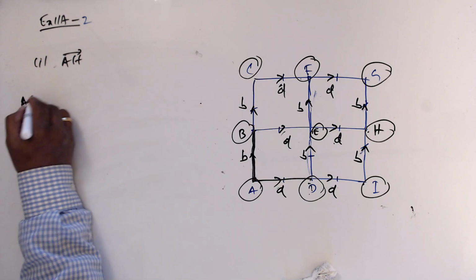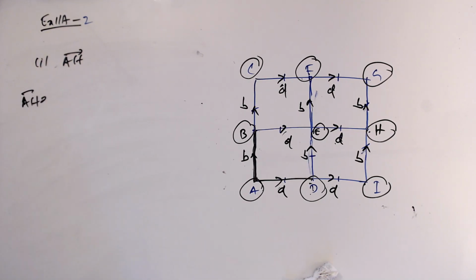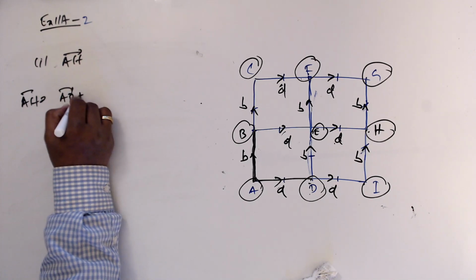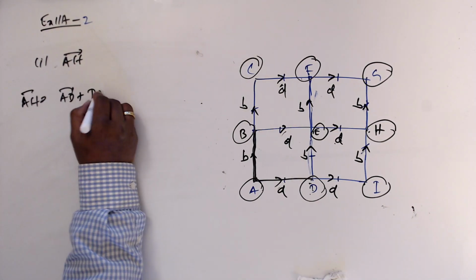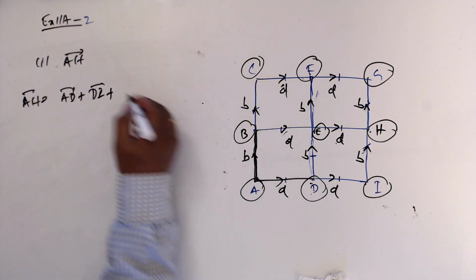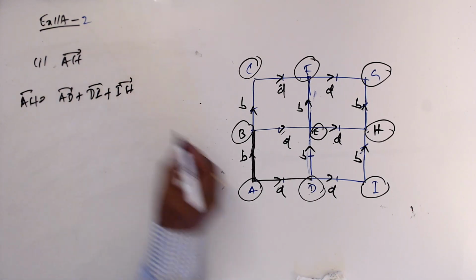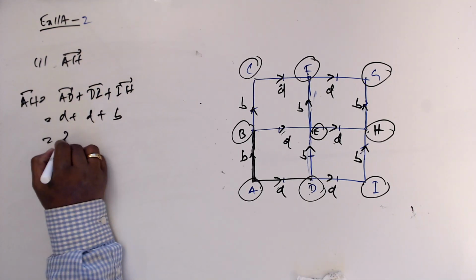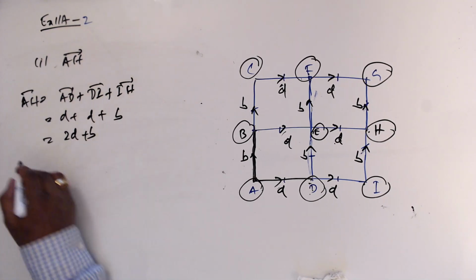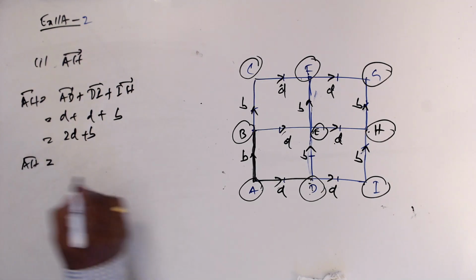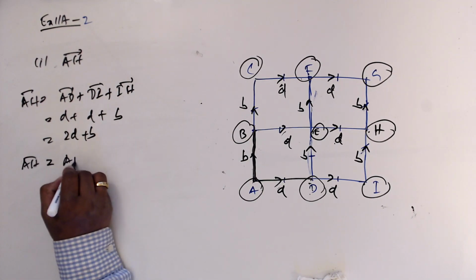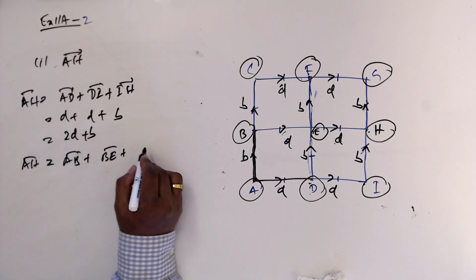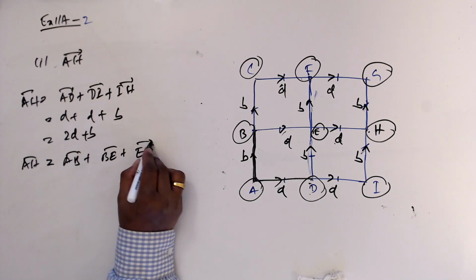So AH equals, I will go with this route, AD plus DI plus IH. So this is D plus D plus B, 2D plus B. Again AH, you can go AB plus BE plus EH.